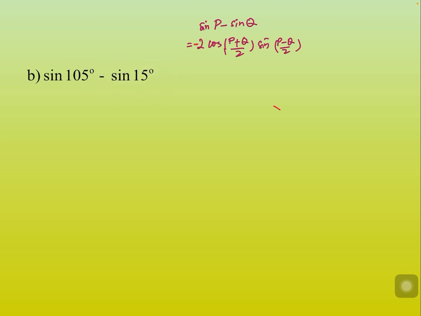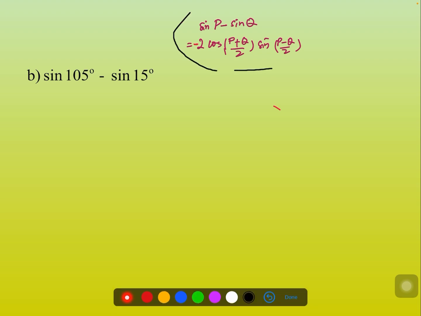Sine 105 minus sine 15. So we can use this formula, sine P minus sine Q, this is 2 cos (P plus Q over 2) sine (P minus Q over 2).